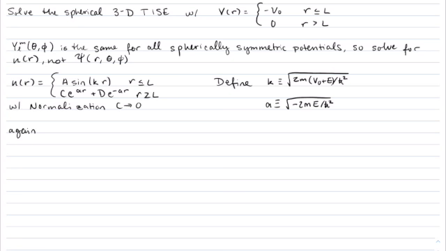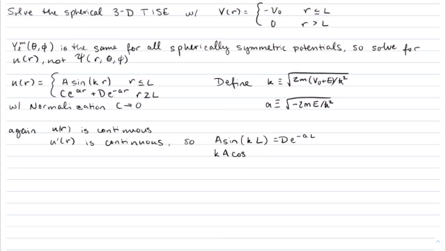Now we can look at our boundary conditions. They're going to be the same as in the finite square well, where the wave function and its derivative must be continuous. So we will be able to solve for u of r at L, setting the two functions equal to each other.